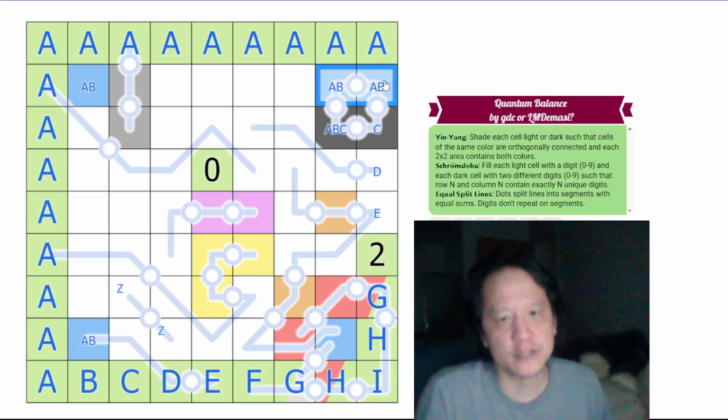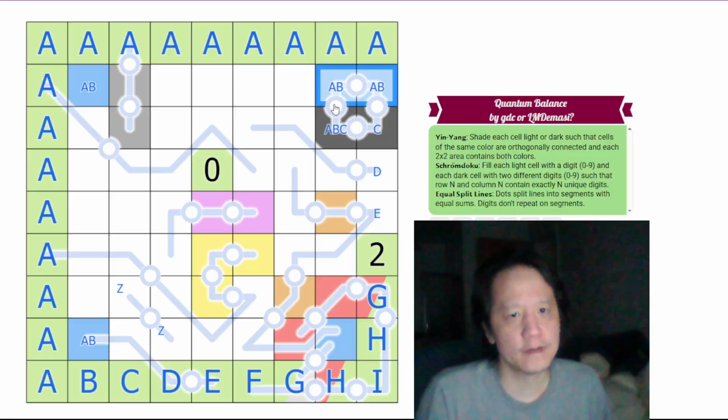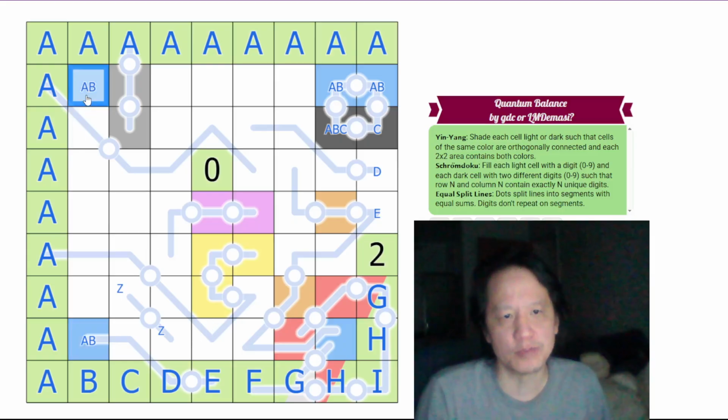Because neither A nor B are 0, you can't have A equals AB or B equals AB, and one of these has to be AB because one of them has to be blue. So because of that, these two have to be the same, and it must be two blues, which means the rest of this is green. That forces this to be blue, this to be blue, so it's AB, AB.